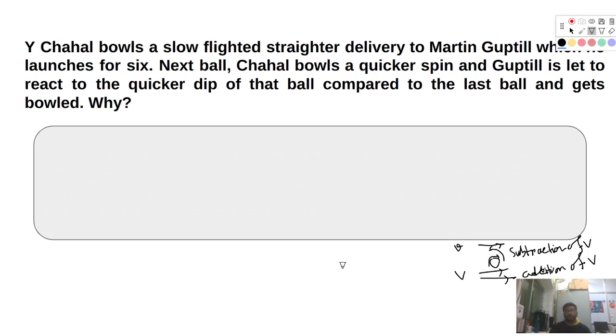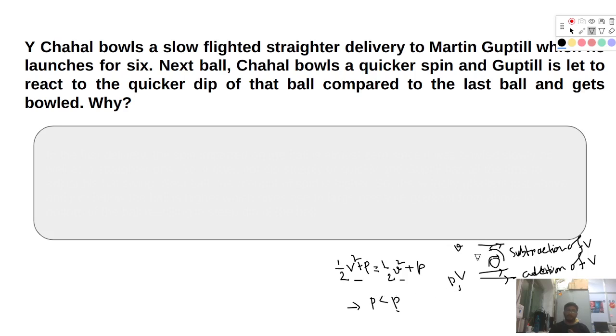If we apply Bernoulli's theorem, half capital V square plus capital P in the below region, and half small v square plus small p in the above region. So if capital V is greater than small v, then obviously capital P should be less than small p, right?